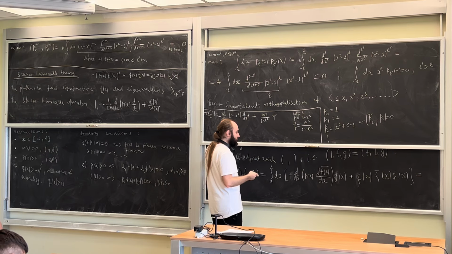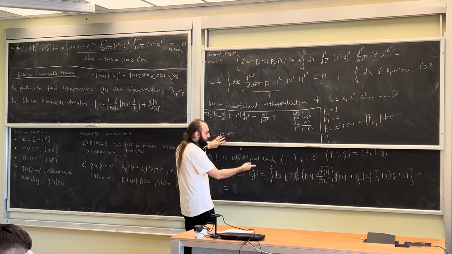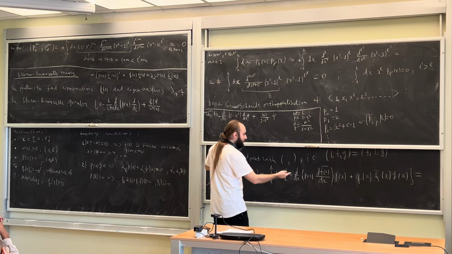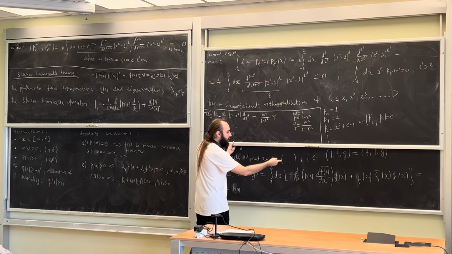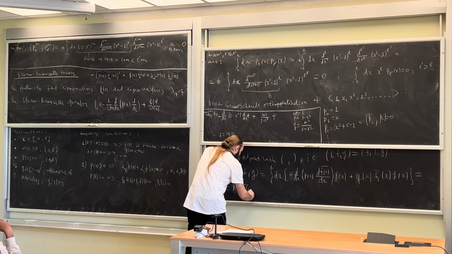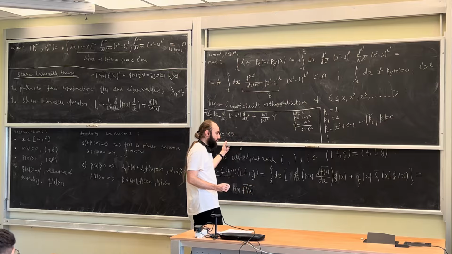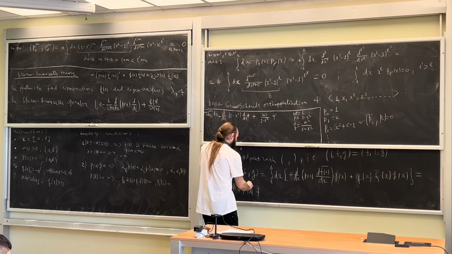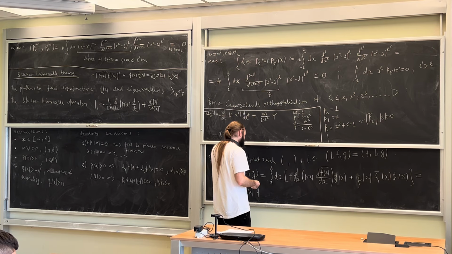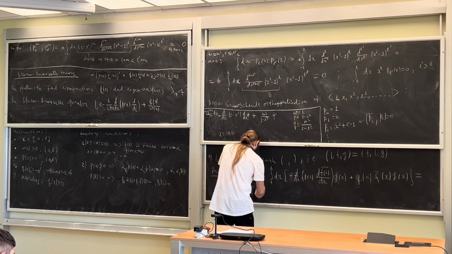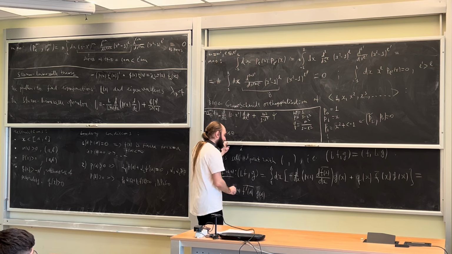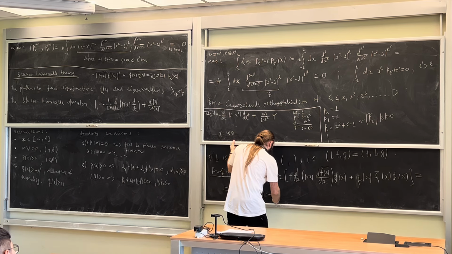So this boundary term is what? It is p of a, f bar, f bar prime of a, g of a, minus the same expression at the upper boundary.